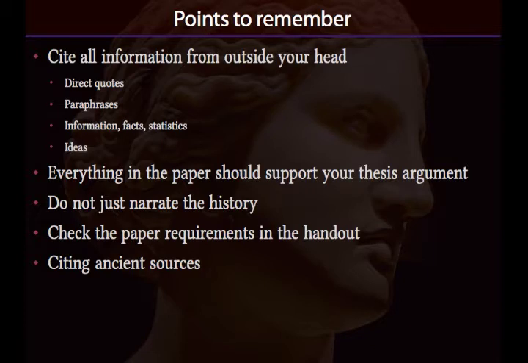In terms of citing ancient sources, okay, the way that ancient sources are cited is there is a common way to do this that's different from if you were citing, say, Pomeroy's Goddesses, Whores, or any modern book.